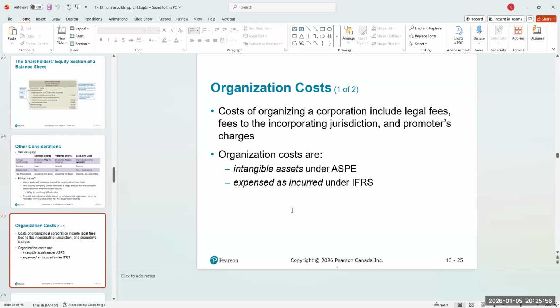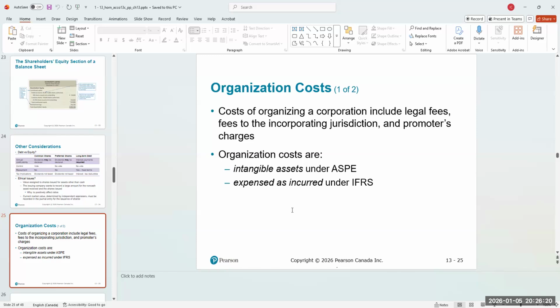While International Financial Reporting Standard says, hey, expense it. Where is the catch? The catch is the accounting standard for the private enterprises says this. Yes, you have to capitalize it, and you can amortize it over the first year of operations.